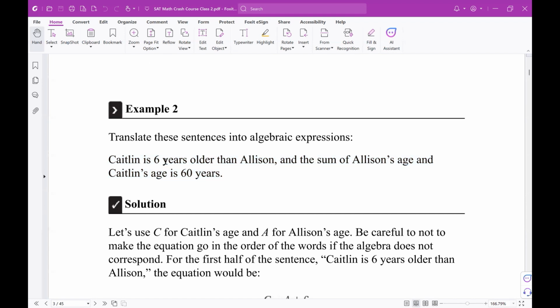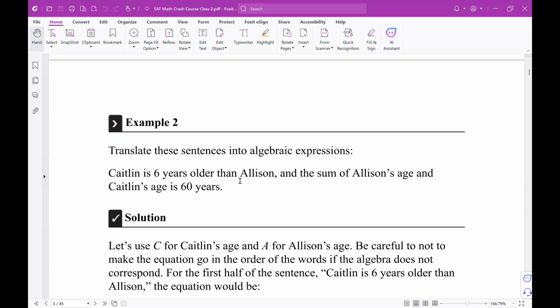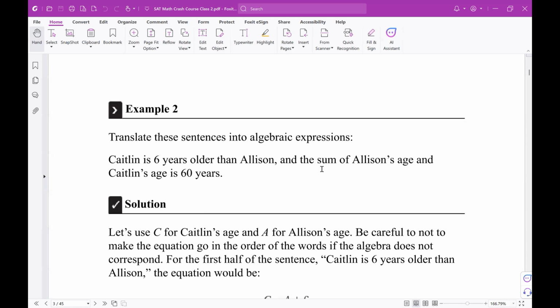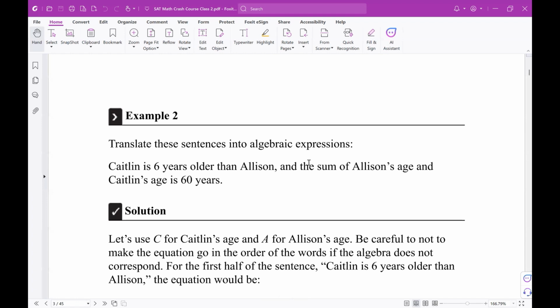Caitlin is 6 years older than Allison, and the sum of Allison's age and Caitlin's age is 6 years. You just need to think how you can solve this problem. For example, you can subtract their ages. If you think that Caitlin's age is C and Allison's age is A, okay.